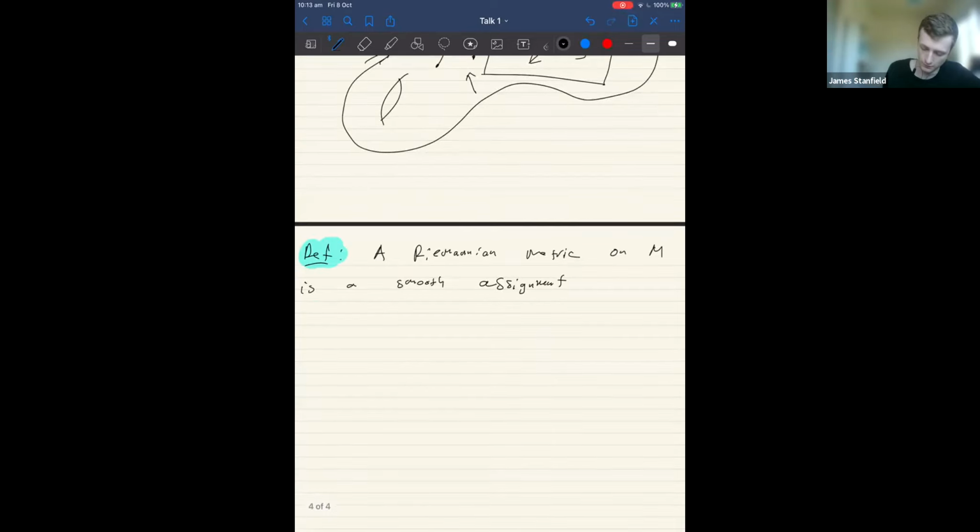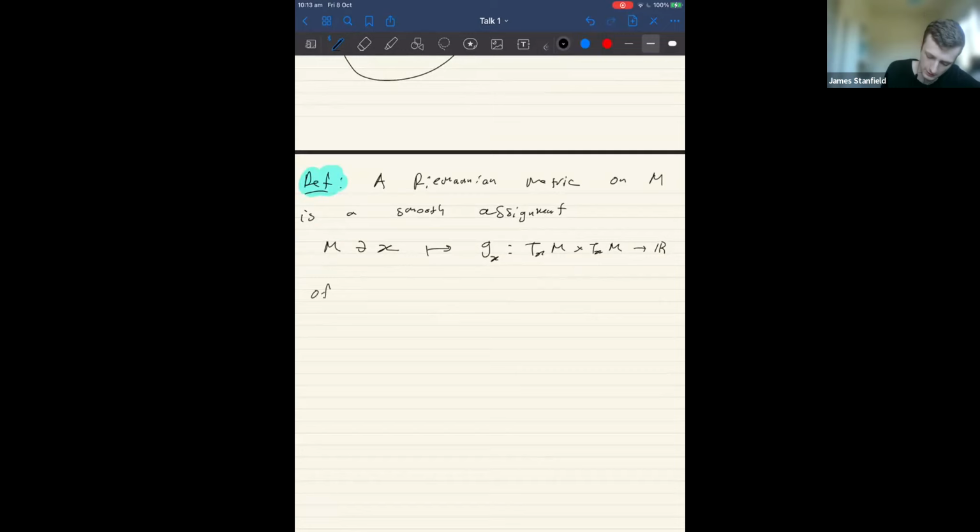Okay, I'll maybe flesh out what that means in a second. We take a point x in the manifold and we send it to some map of tangent spaces, some linear map, of inner products to each tangent space.